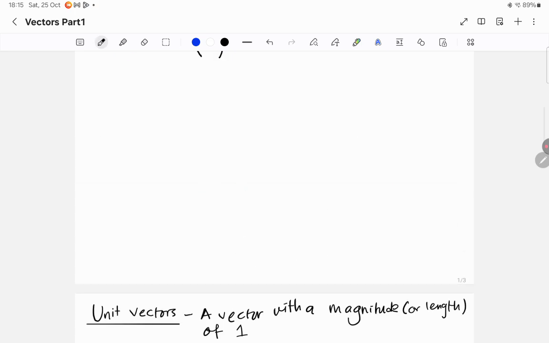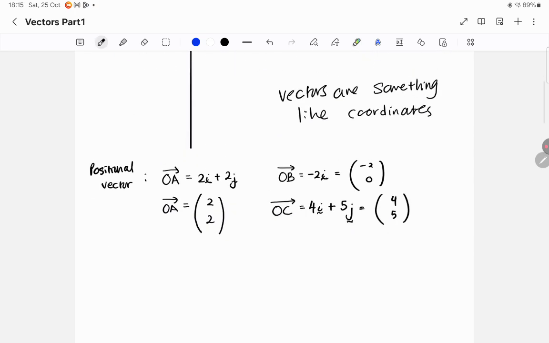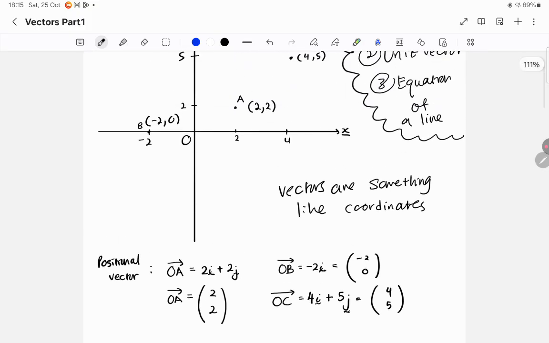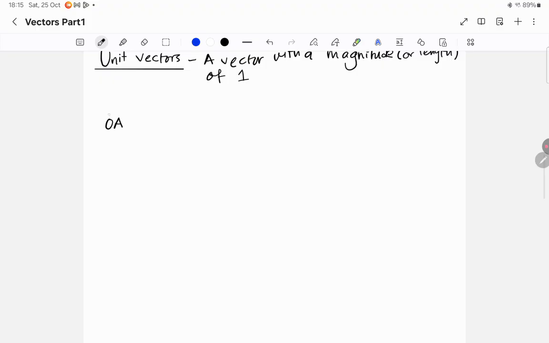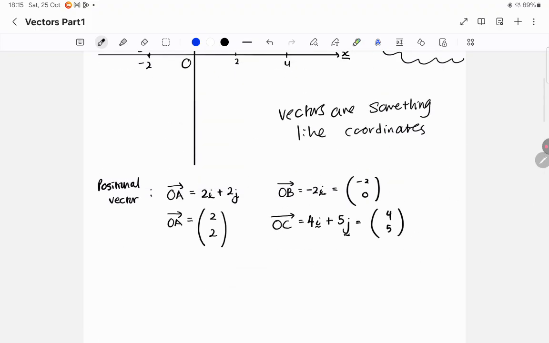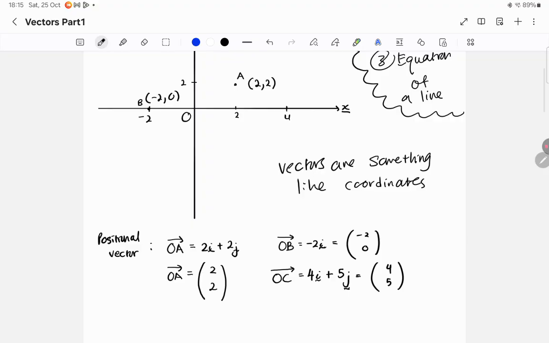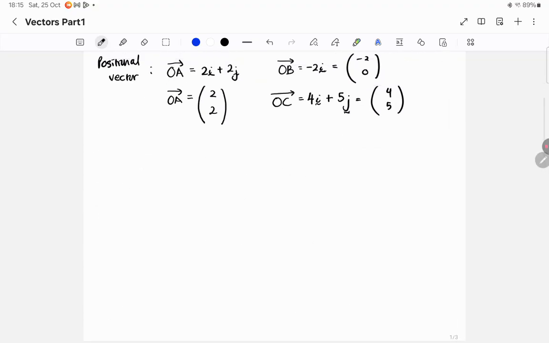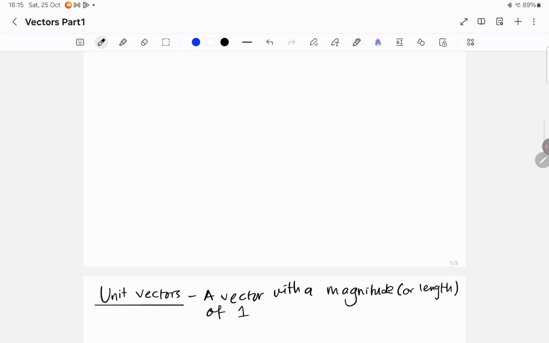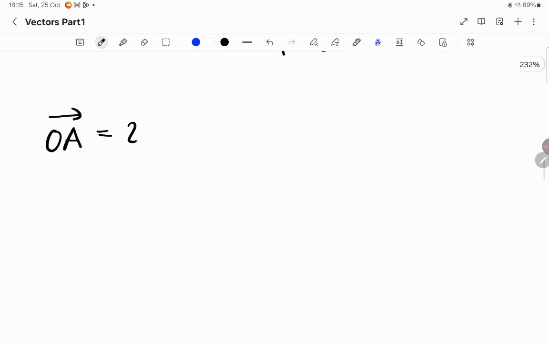Okay, let me try to give you an example so you can understand this better. So let's come up here again, and we have OA, right? Alright, OA, and we know that its positional vector is 2i plus 2j.